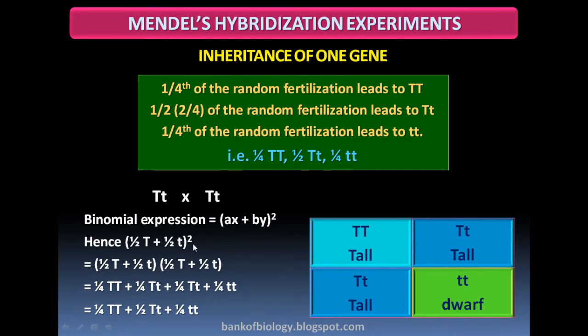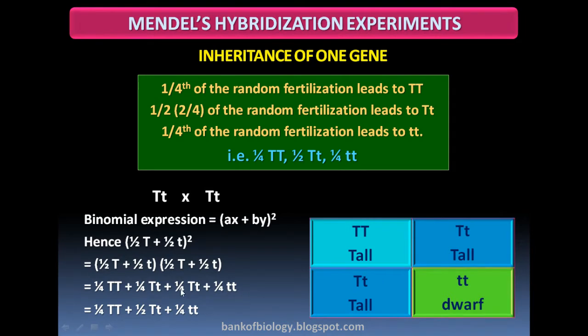Whole square means here capital T small t into capital T small t, half T plus half t whole square. If we cross, then we get 1/4 capital T capital T, 1/2 capital T small t, and 1/4 small t small t.